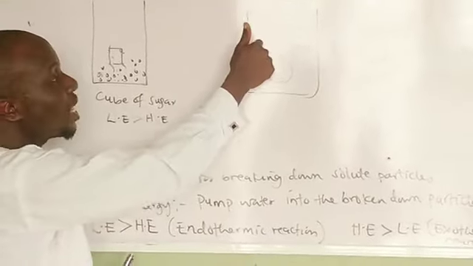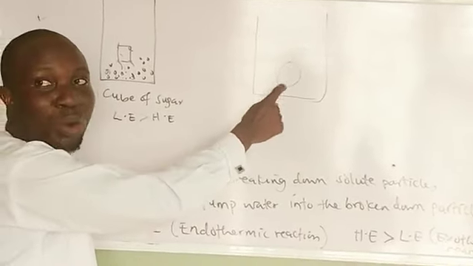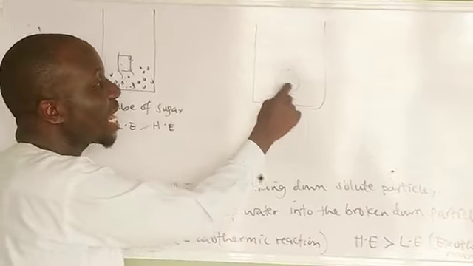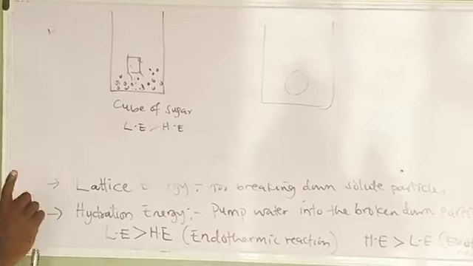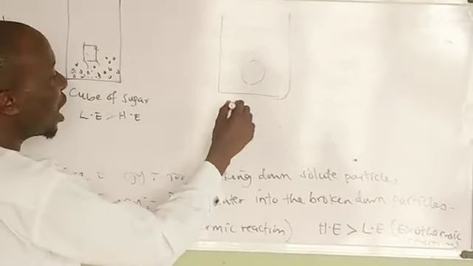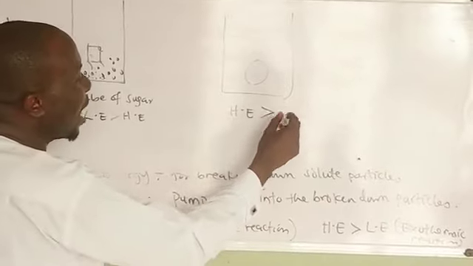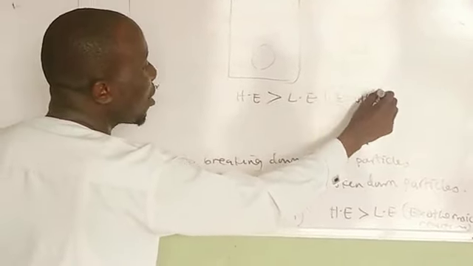Before the lattice energy could break the carbide particle down, the hydration energy has already started pumping water into it. That is a major reason why in the dissolution of carbide, hydration energy is higher than the lattice energy, and the reaction is exothermic.